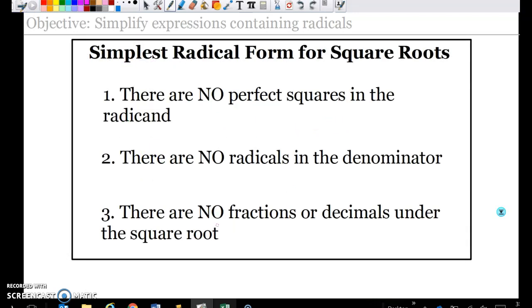Here are the rules for if I want you to write something in simplest radical form. There should be no perfect squares in the radicand. Remember, the radicand is inside, so I can't leave 25 in there because 25 is 5 squared. Now notice the second root here, the index being 2.